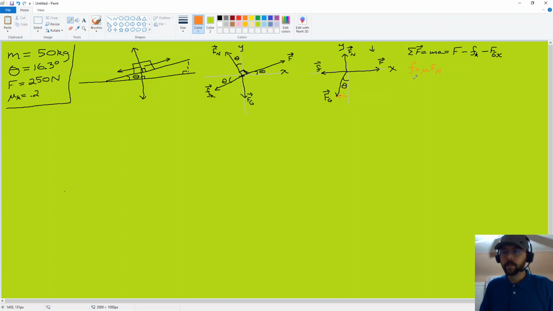So we need the y component of the force of gravity, which is this right here. This is a right angle. There's theta, the value that we were given. F of g is mass times g, mg.